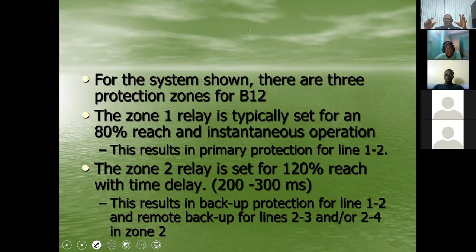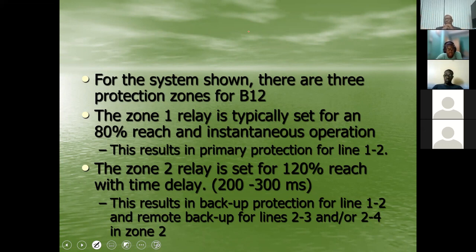So come now, let's make it practical. I'm standing at Old Hope Road. And I am now protecting the line between Old Hope Road and Cane River. Right? Cane River is in eastern St. Andrew. So I'm looking towards Cane River. That's my impedance relay, and I'm looking at the line that goes down to Cane River.